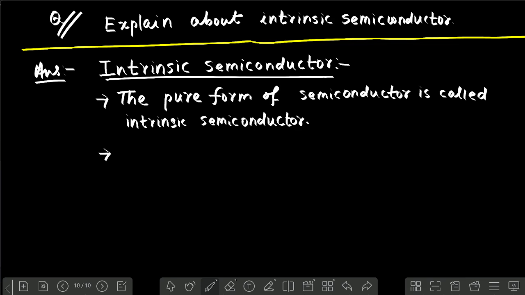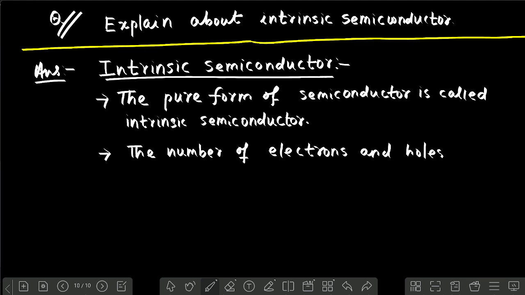And in intrinsic semiconductor, what happens? The number of electrons and holes are equal, basically. So write: the number of electrons and holes are equal.